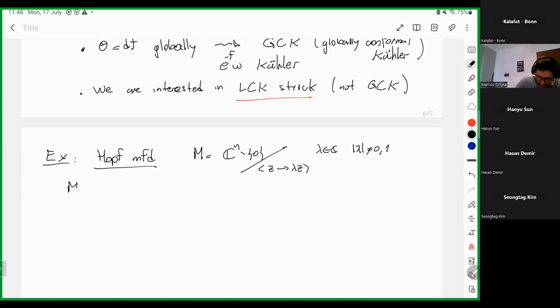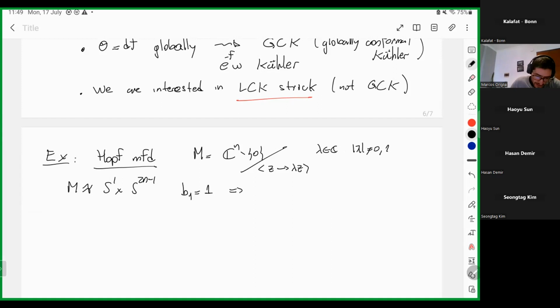As a manifold, this is just S^1 times S^(2n-1). You can compute the first Betti number of this M, and it is 1.